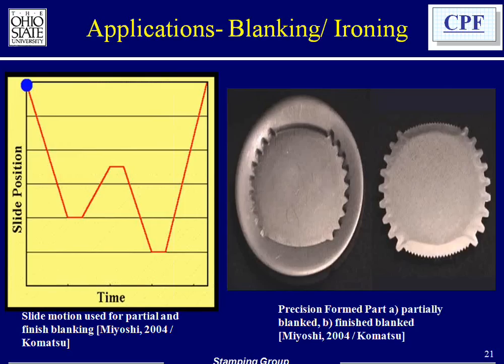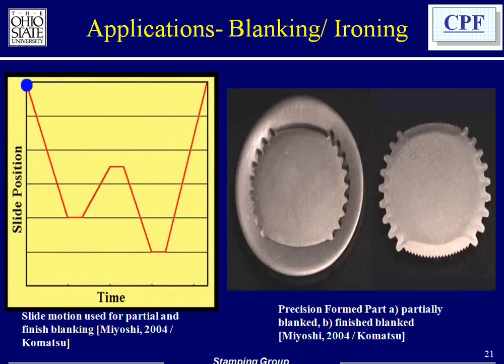So as a result, what they did here, we see on the left side, the slide position, they penetrated the material, but they did not entirely go through it. They came back and they went again. So as a result, they claim that the finished blank had better edges, similar to, not quite as good as in fine blanking. So that is, of course, a very, very good advantage.